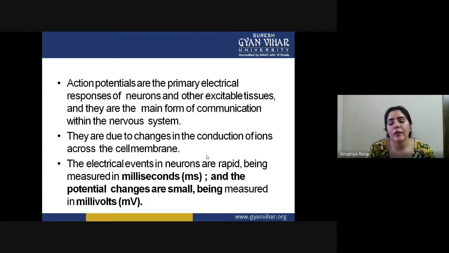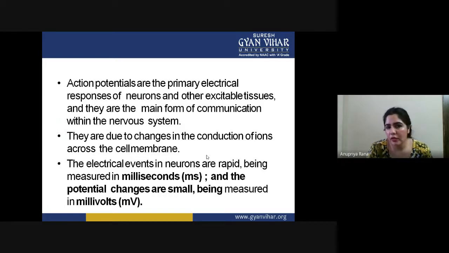If we go a little deeper, action potentials are the primary electrical response of neurons and other excitable tissues. They are the main form of communication within the nervous system. Muscle tissue is also called excitable tissue.